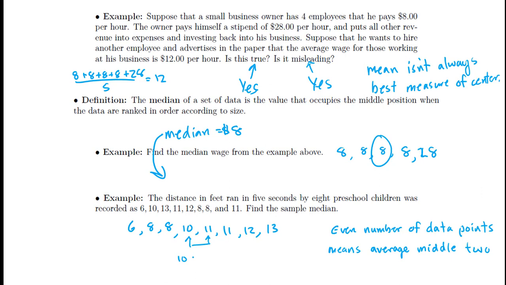So 10 plus 11 over 2, just halfway between them, 10.5 seconds is the median. So it's okay for a median to not actually be a value in the data set. That's fine. In this case, it's 10.5 seconds because we're just splitting the difference between the middle 2.